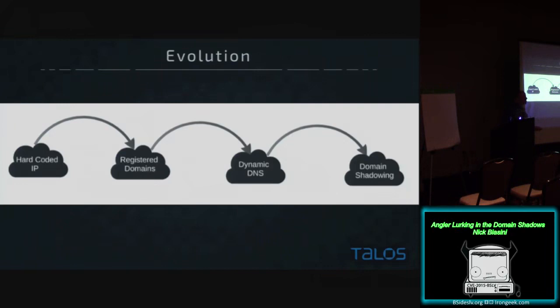Adversaries, again, they catch on. So they move to dynamic DNS. Dynamic DNS, great idea. For home users, you always want to get to your computer. I need a way to make sure that even though I have an ISP that uses dynamic IPs, I can still get there. That's where dynamic DNS comes in.